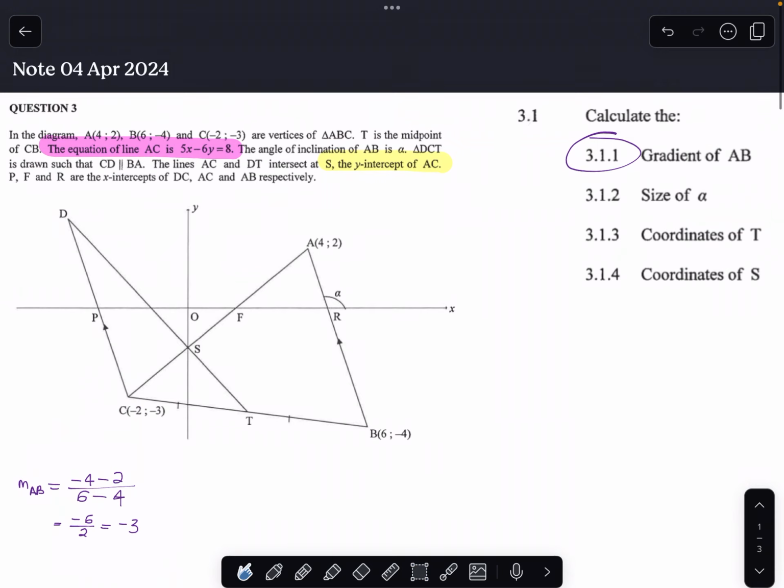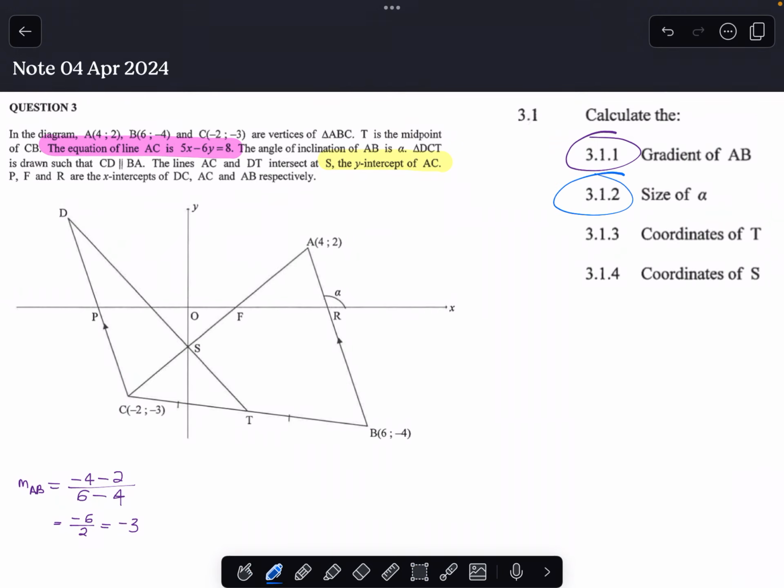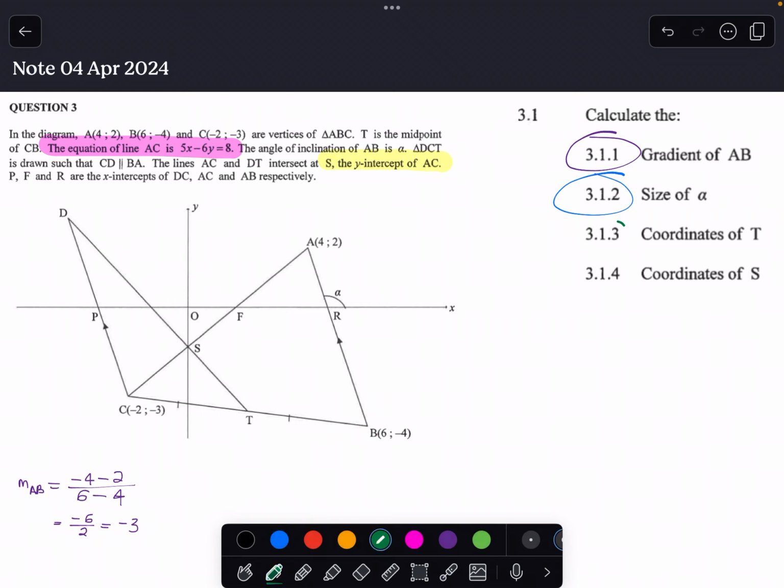Okay, so we've got alpha. Right, coordinates of T. So T is the midpoint of BC, so we're just going to use our midpoint formula.